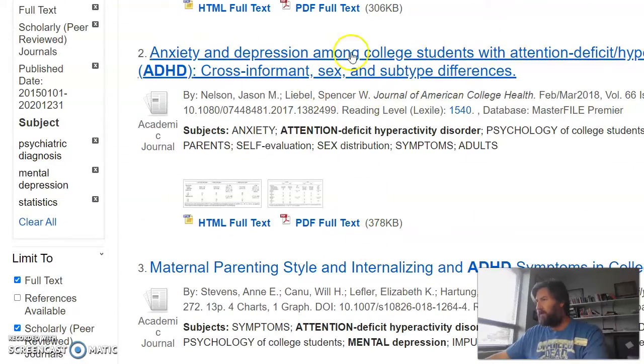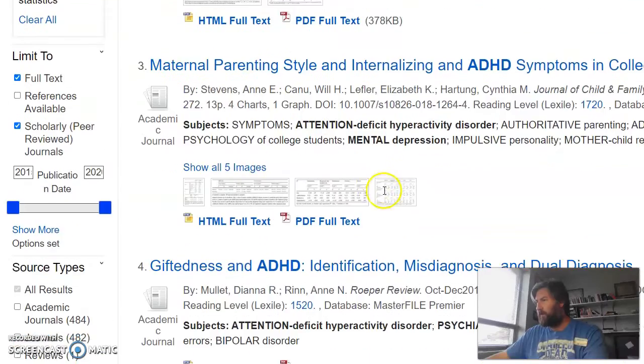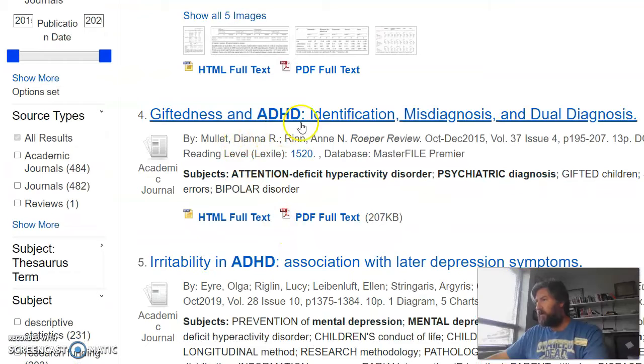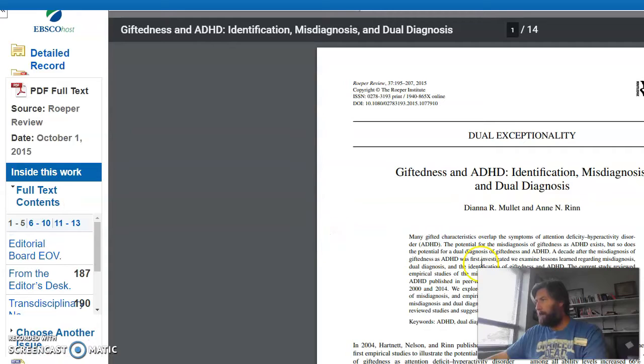So here's another one on college students, maternal parenting style, giftedness, and ADHD identification. Okay, this seems interesting. Now this one is 13 pages. We'll open it just to see.